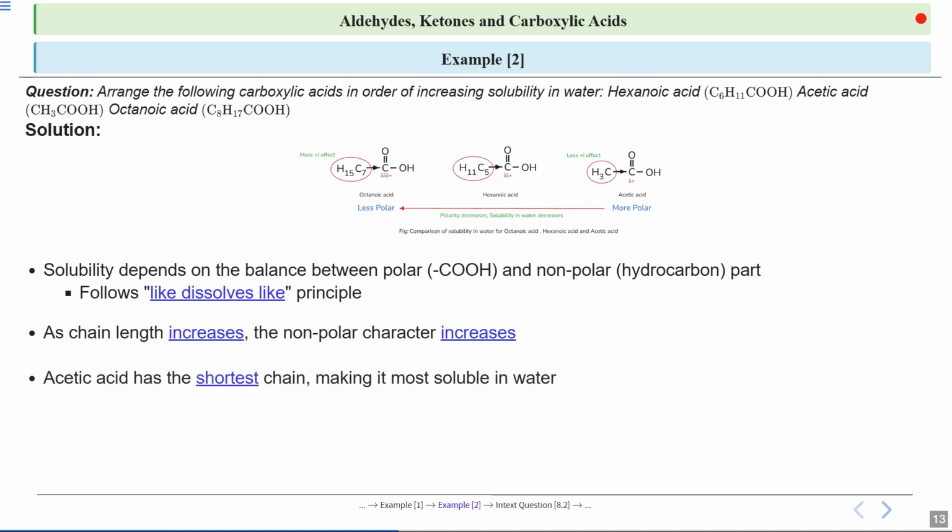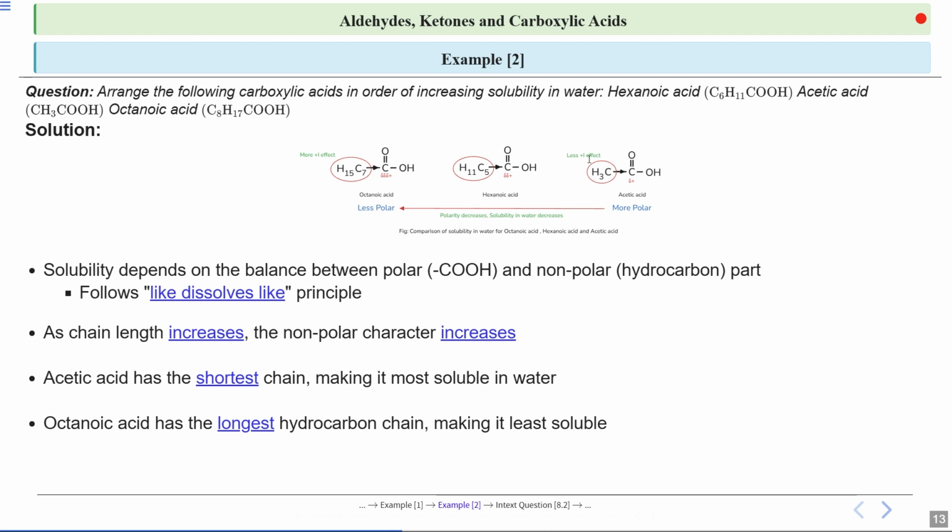Acetic acid has the shortest hydrocarbon chain among the acids. This makes it more soluble in water because the polar carboxyl group has a greater influence compared to the short non-polar CH3 group.